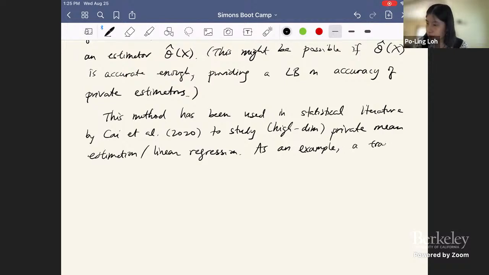So a tracing attack for mean estimation might look something like this.